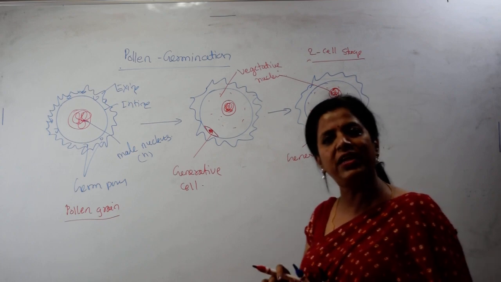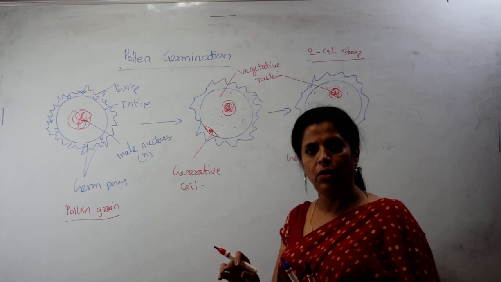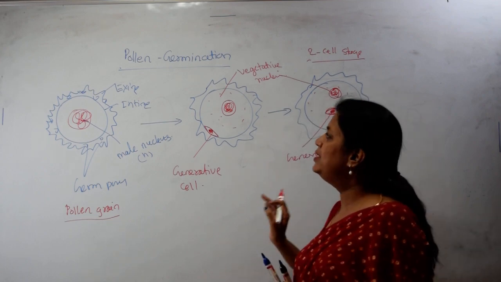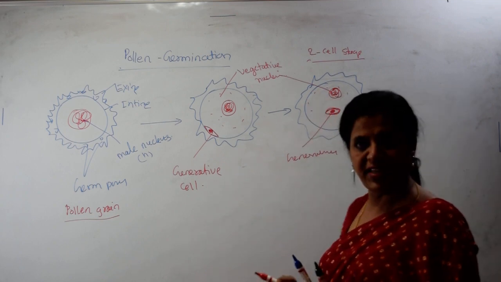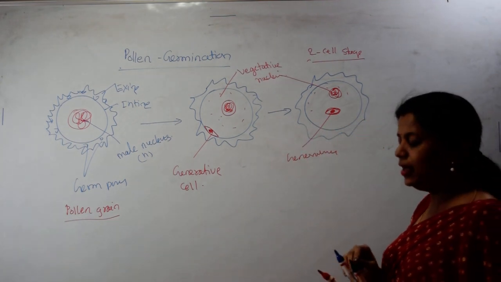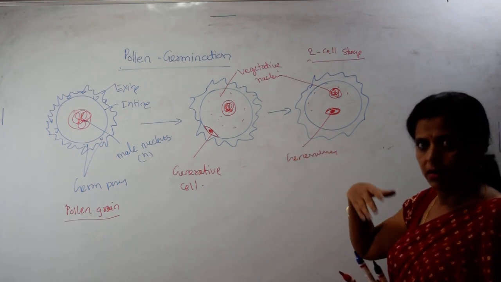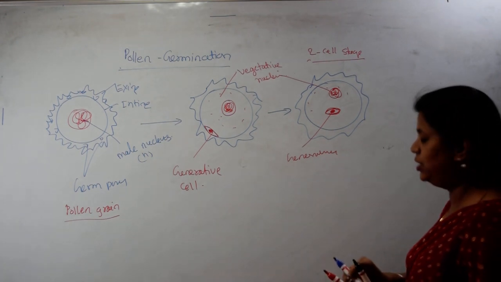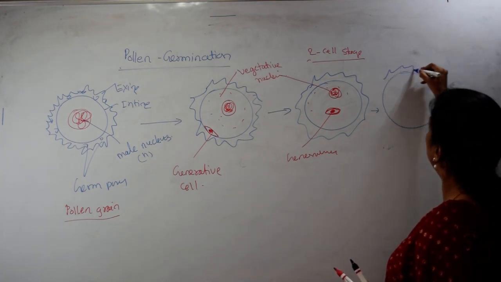Normally at the two-cell stage the pollen grains are released from the anther, not only after undergoing meiosis. The stage at which anther dehiscence takes place is normally the two-cell stage. Further, it starts developing or growing. If it gets released, it will attach to the stigma and may start germination. Suppose this is the pollen grain again.